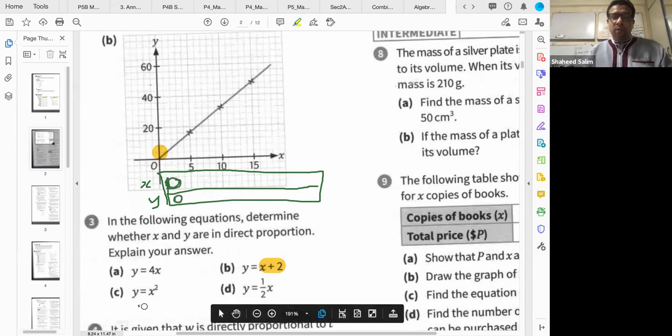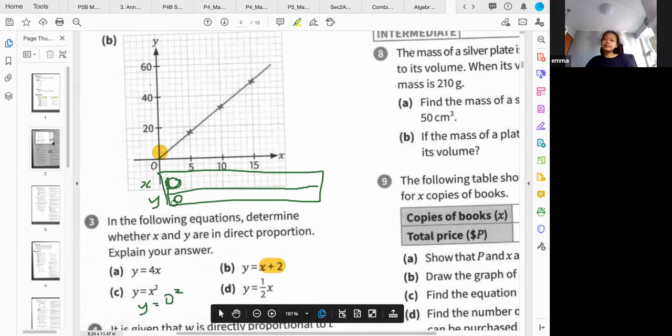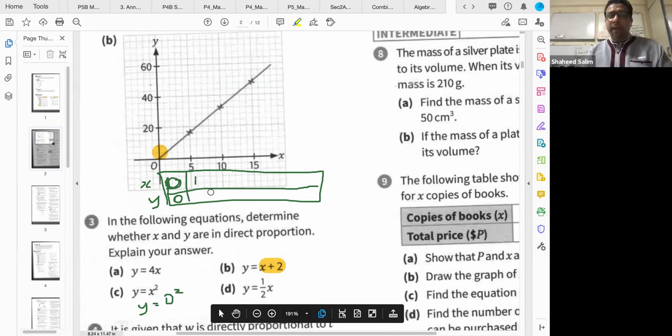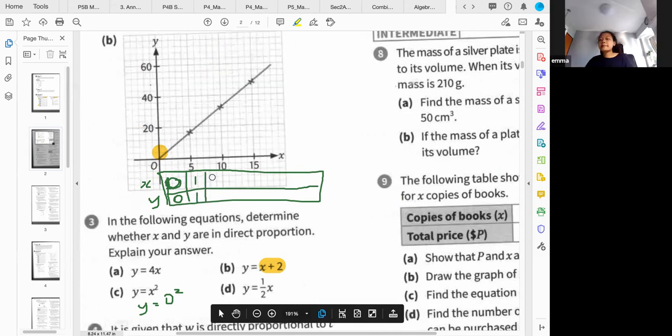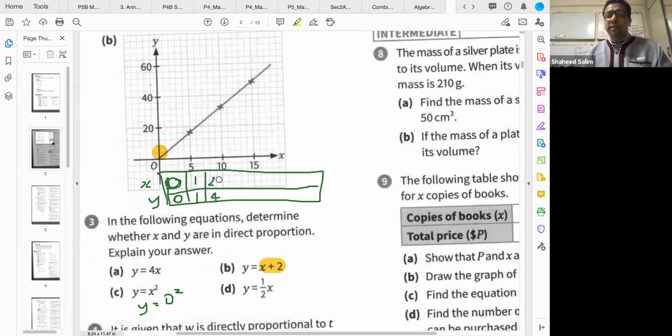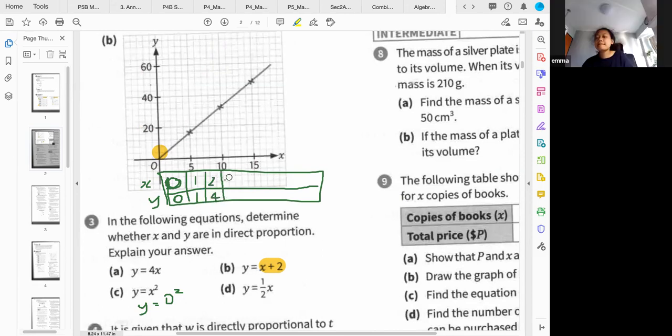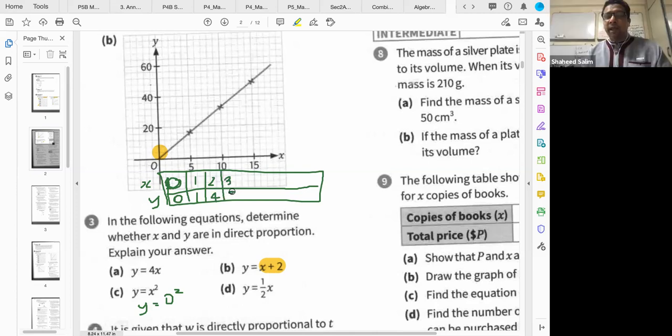Correct? So y equals 0 to the power of 2, 0 times 0 is 0. You agree? x is 1, y is 1 times 1, 1, same also. And then x is 2, 2 times 2, 4. You can see now. x is 3, y is 3 times 3, 9. x is 4, y is 4 times 4, 16.